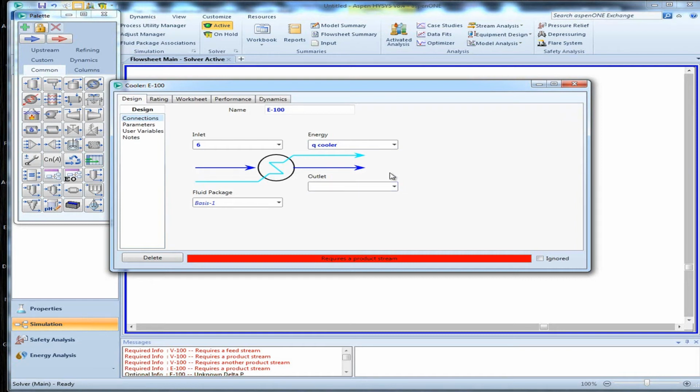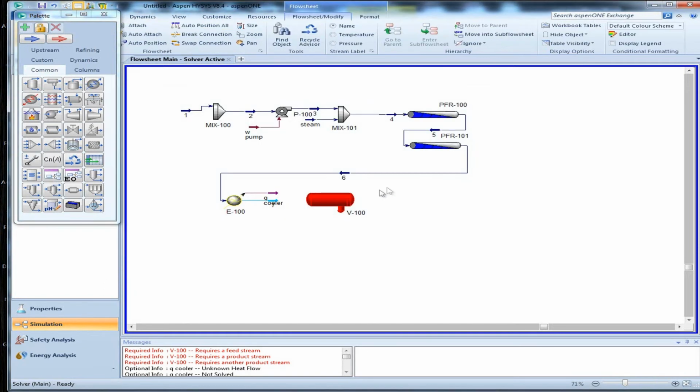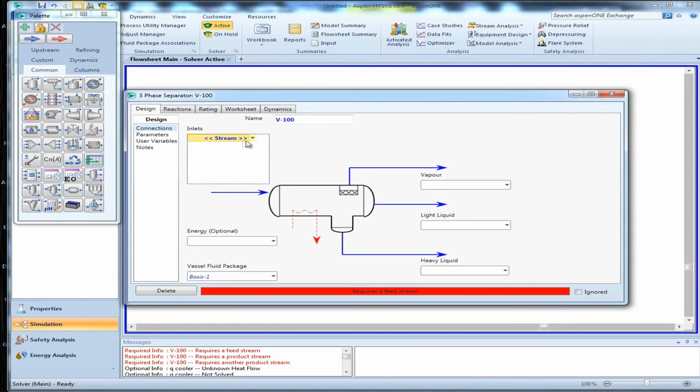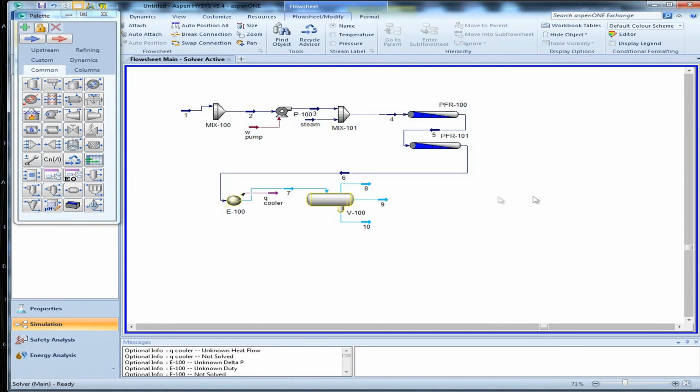Number 7. And that number 7 will go to the 3-phase separator, the top one, which will probably take the hydrogen out. Number 9 is only the medium hydrocarbon. Down here should be water. Okay.